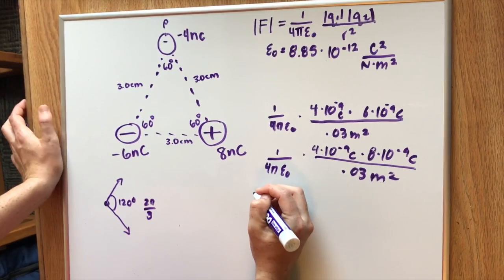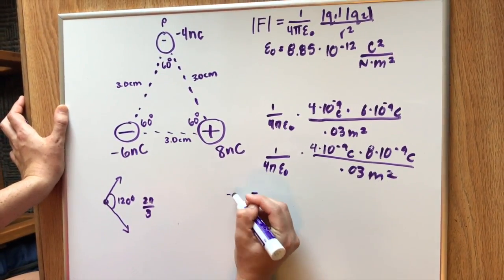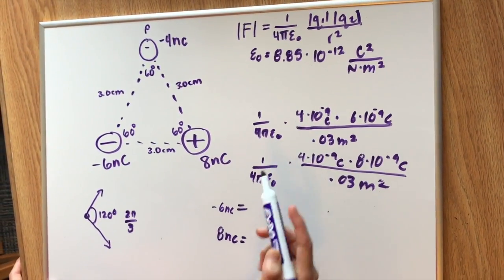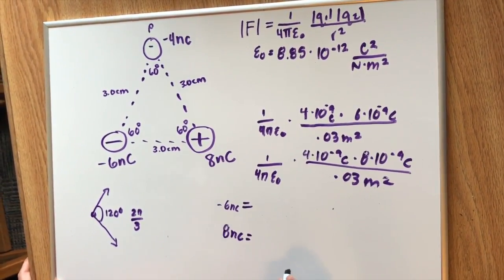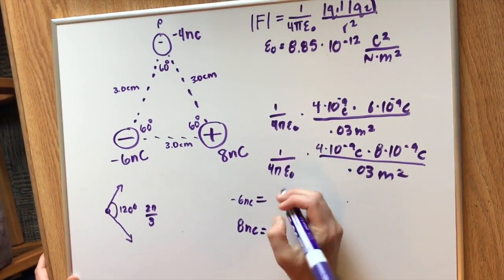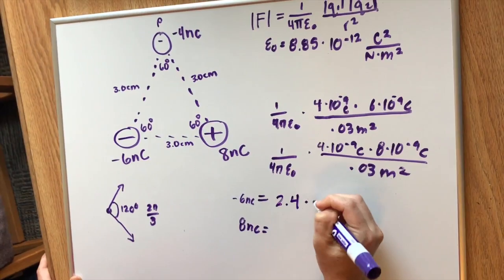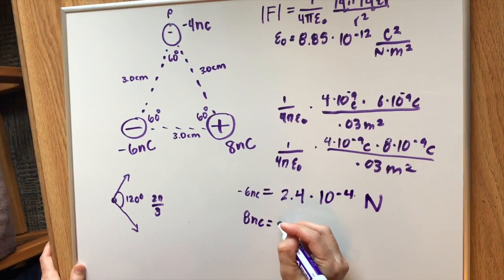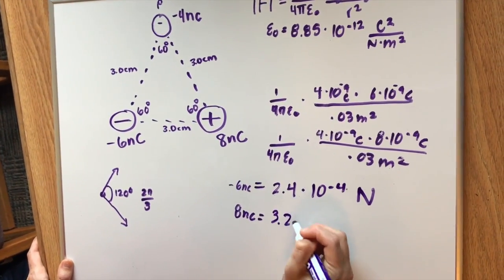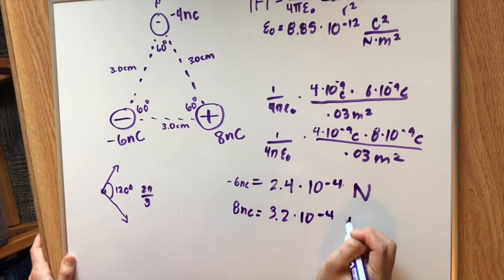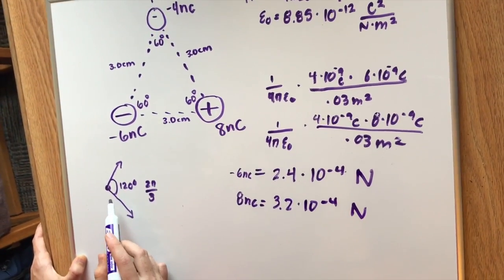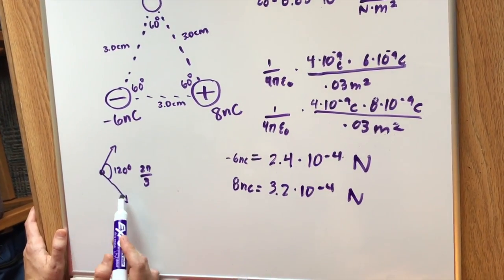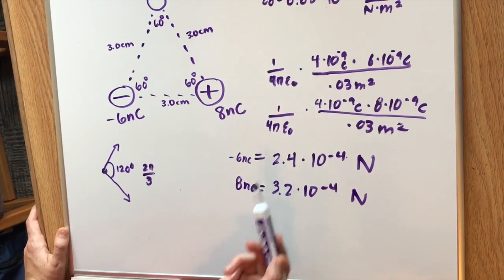For the -6 nanocoulomb charge, the total magnitude will be 2.4 times 10 to the -4th newtons, and for the 8 nanocoulomb charge it will be 3.2 times 10 to the -4th newtons. And again, on this vector, this will be from the -6 and this will be from the 8, so it's a little bit longer because it's 3.2 versus 2.4.